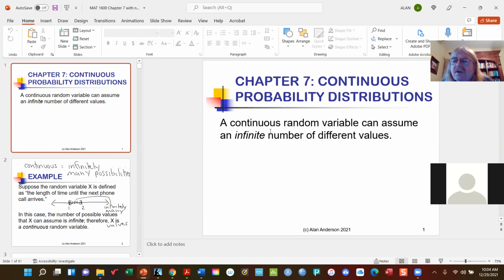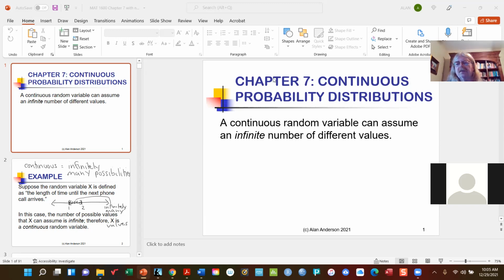But now we're looking at situations where the outcomes themselves can have a fractional component, such as the time until the next phone call. And what that does is all of a sudden you have an infinite number of possibilities, which we did not have before. Okay, so that changes the way we do our calculations.